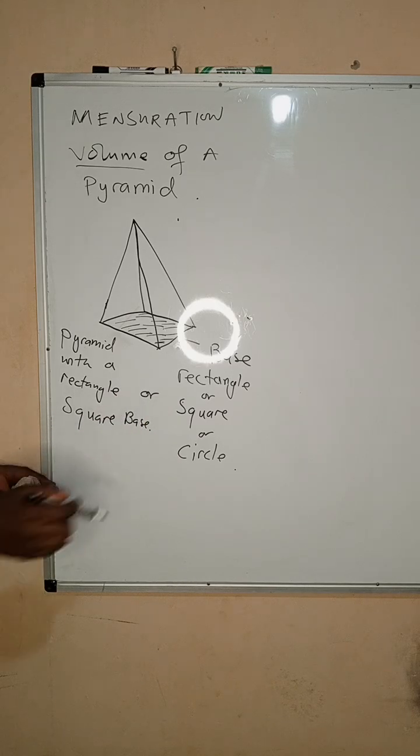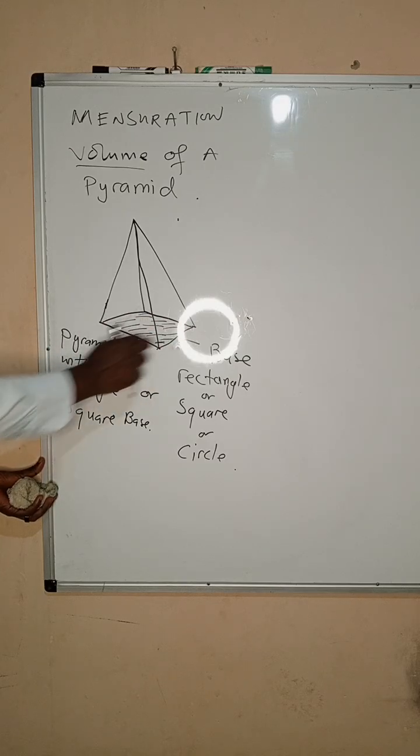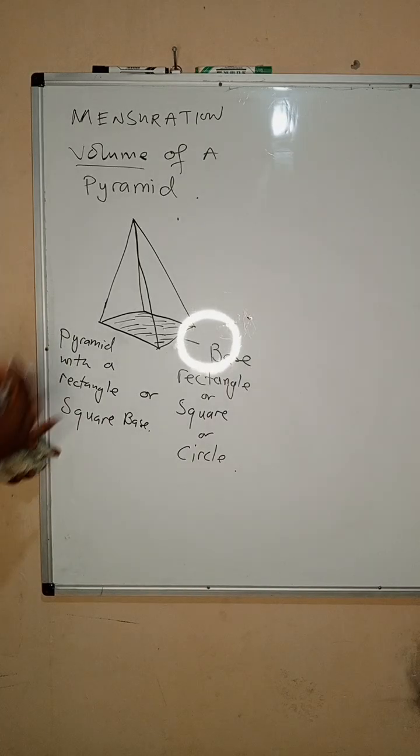This pyramid is either with a rectangle, the base here is either a rectangle or a square. So this is part 1. I'll stop here and then I explain part 2.